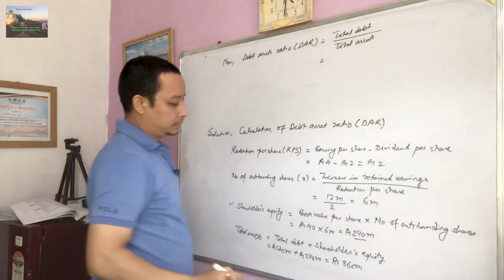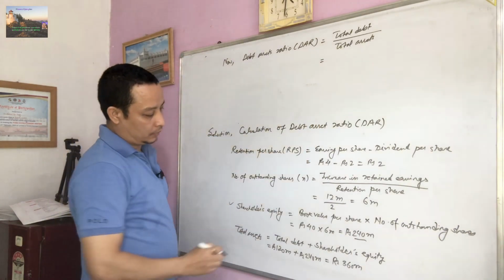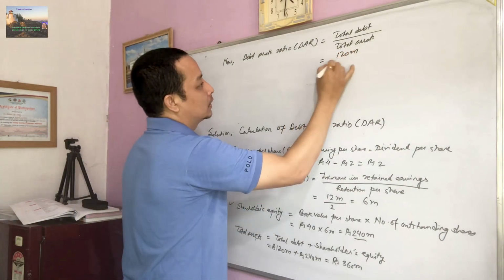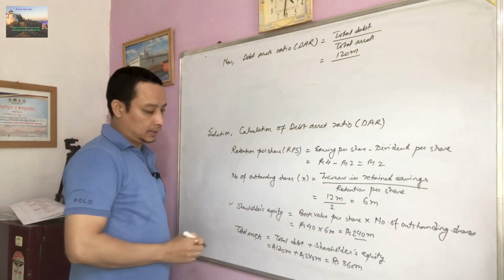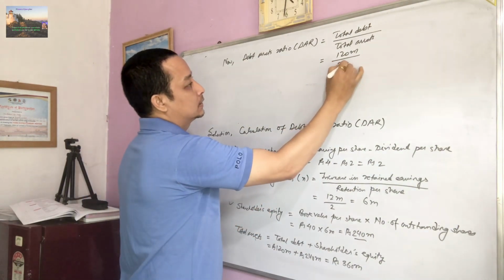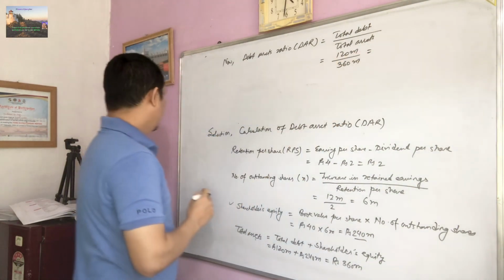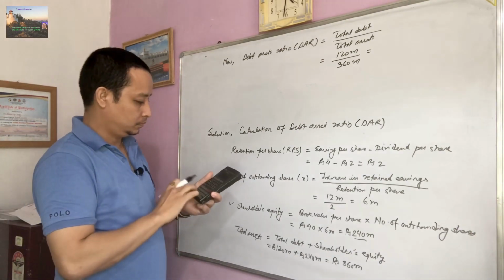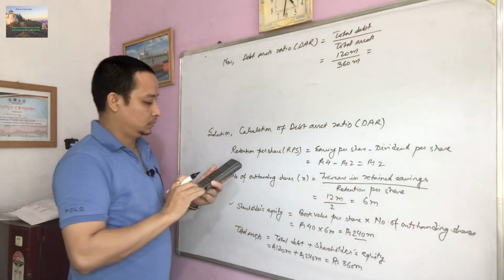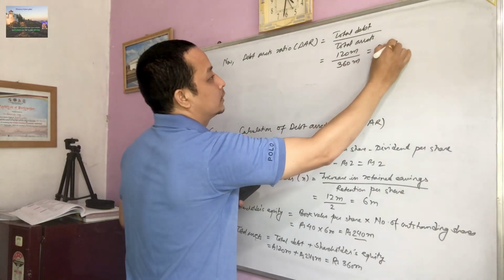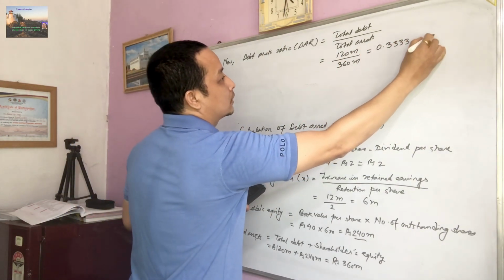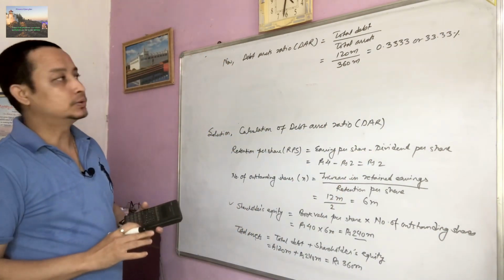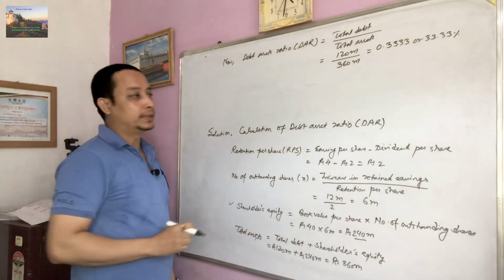Total debt is given in the question, 120 million, and your calculated total asset is 360 million. So now your value will be 0.3333, or you can say 33.33% is the debt asset ratio of this company.